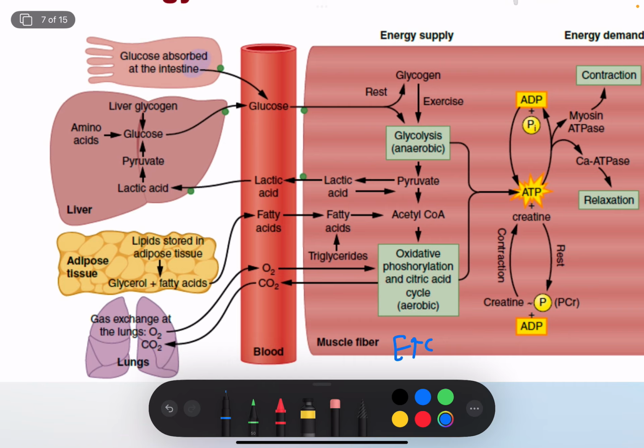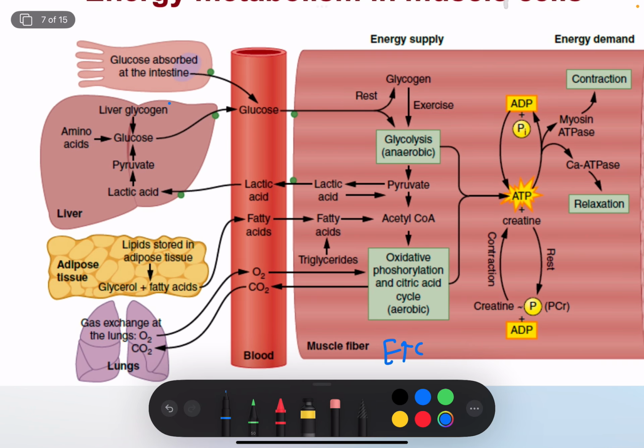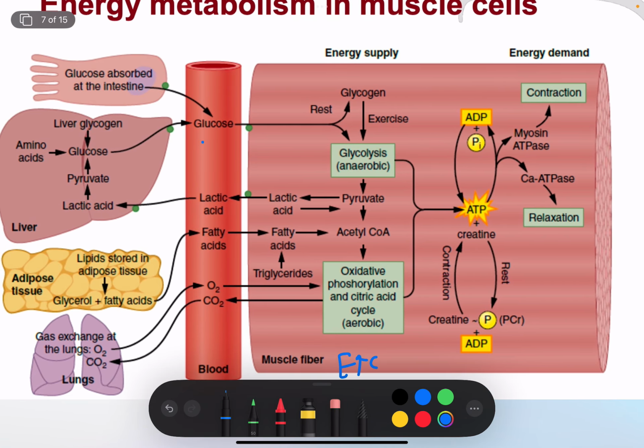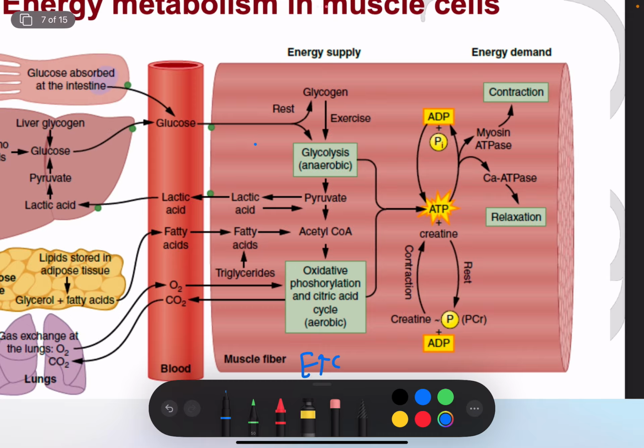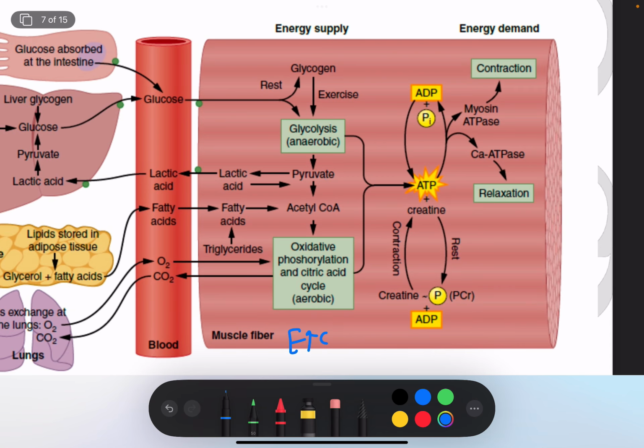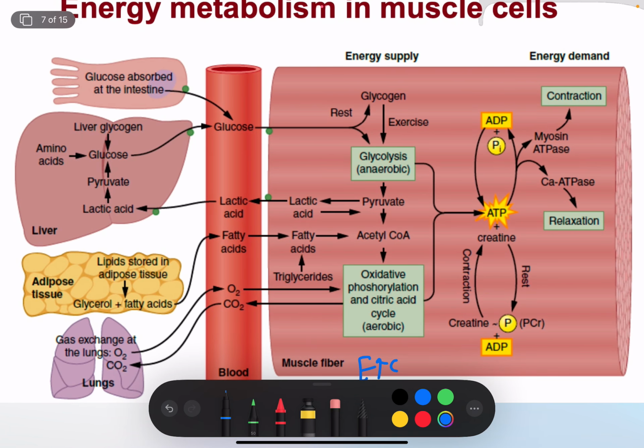Also, if you have glucose from the intestine or in the liver, free glucose is going out here, and glycogen is also breaking down to glycolysis or to glucose, and then glucose is used to create pyruvate, and from pyruvate acetyl coenzyme A, and then going to the citric acid cycle, or this pyruvate could produce lactic acid. And this process right here is called the Cori cycle. So this Cori cycle is also very important.